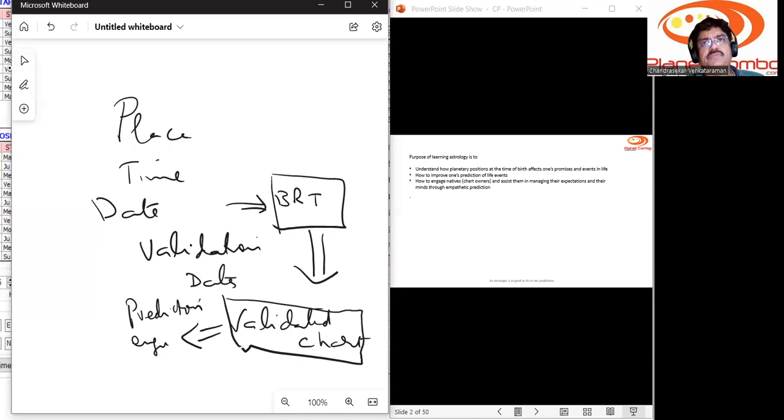Then we'll get into predictions of the past. It is my experience that it is always easy to predict past events and very difficult to predict future events. At the end of this entire lecture, our aim should be to sharpen our techniques to give quick, accurate, empathetic predictions to the chart owner based on his query.